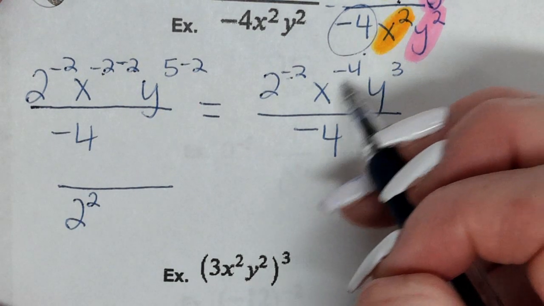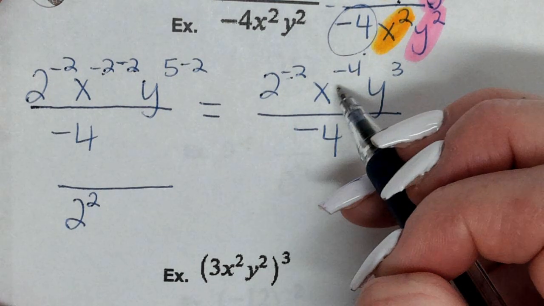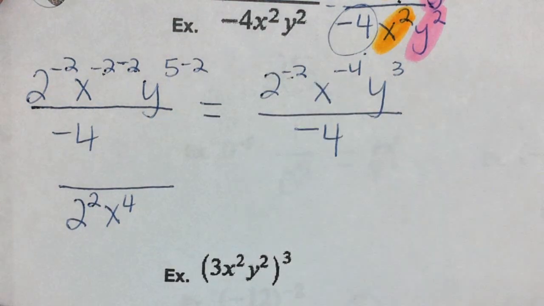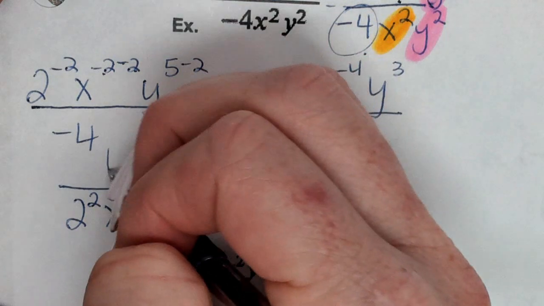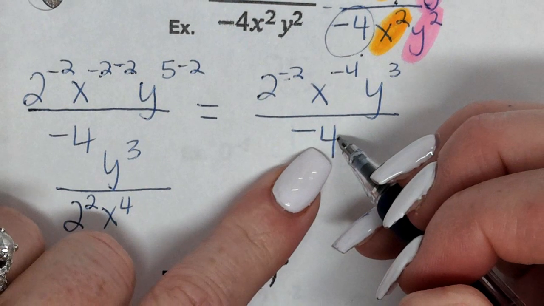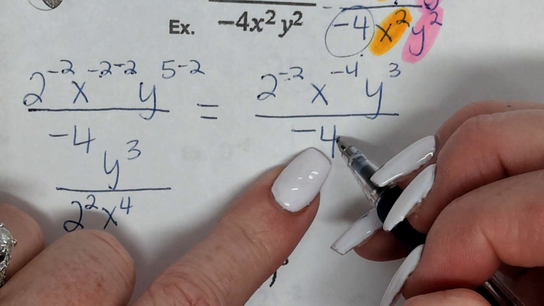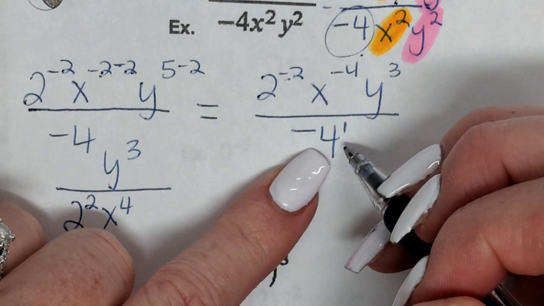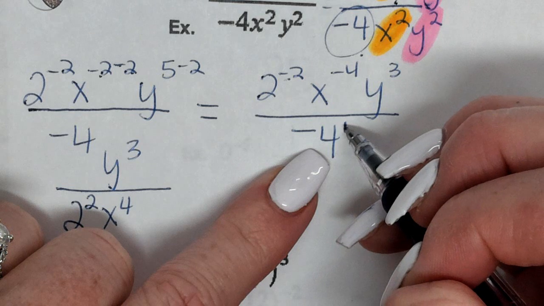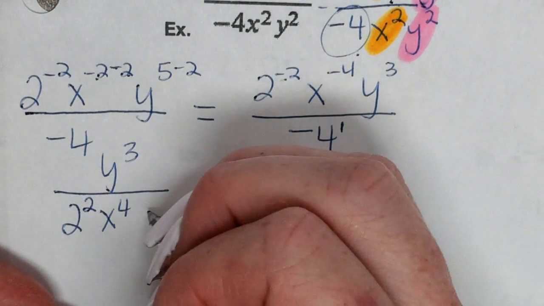This is a positive exponent, so it stays on. It's a negative number. Is the exponent negative or positive? Positive, so it stays on.